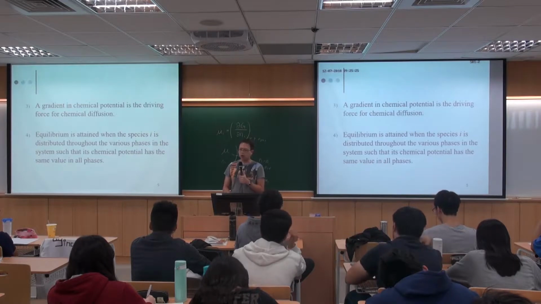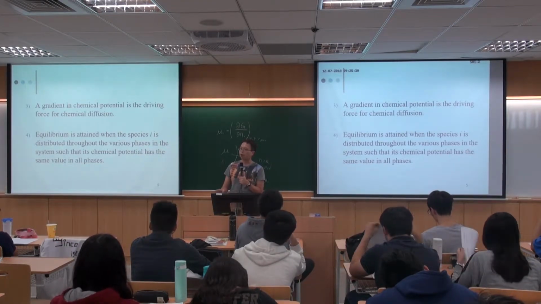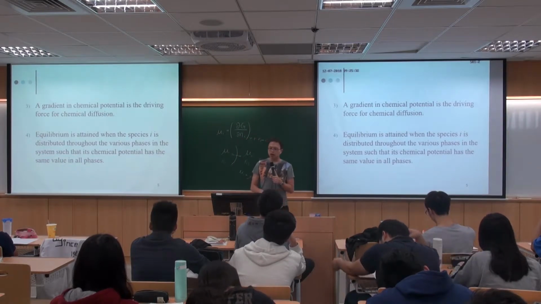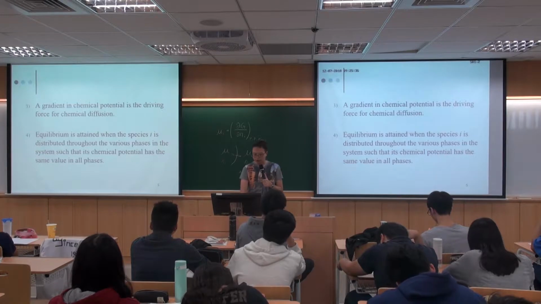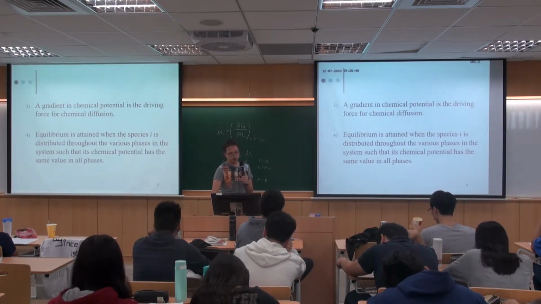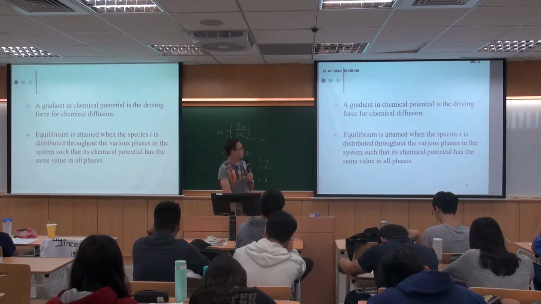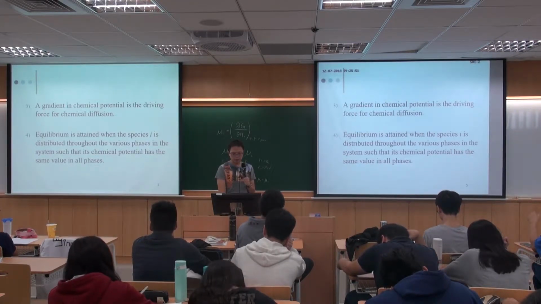So a gradient in chemical potential will be the driving force for chemical diffusion. Okay, and when the system is reaching equilibrium, it means that the species i is distributed throughout the various phases in the system, when the chemical potential has the same value throughout the phases.